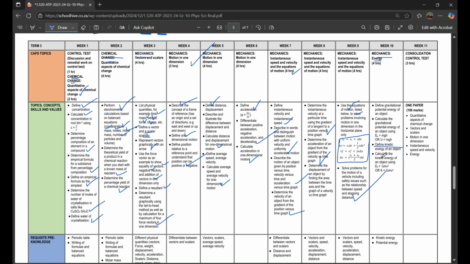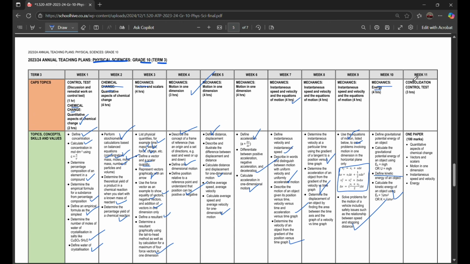Define kinetic energy of an object, calculate the kinetic energy of an object using EK = ½mv², which stands for kinetic energy equals half mass times velocity squared, or K = ½mv².